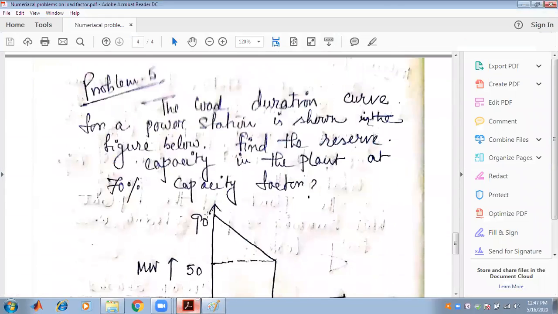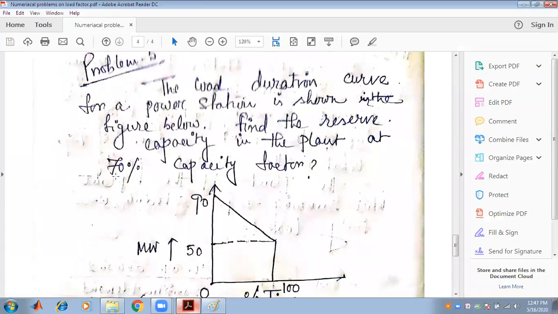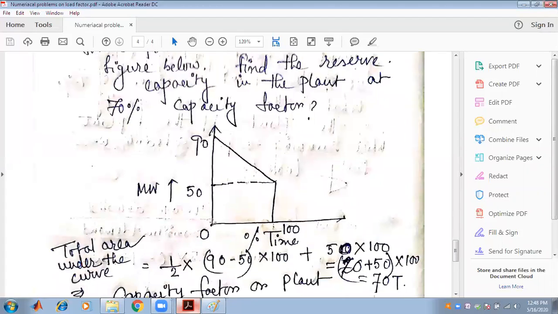Now, the problem that we have is: the load duration curve for a power station is shown in the figure below. Find the reserve capacity in the plant at 70% capacity factor. This is our graph.